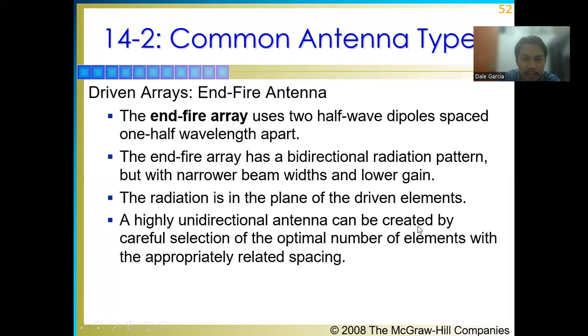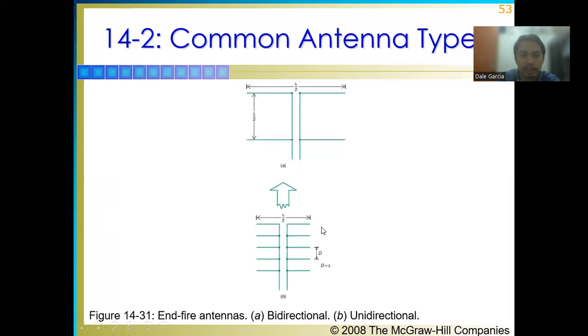A highly unidirectional antenna can be created by careful selection of the optimal number of elements. So almost the same concept, yes, it is similar.